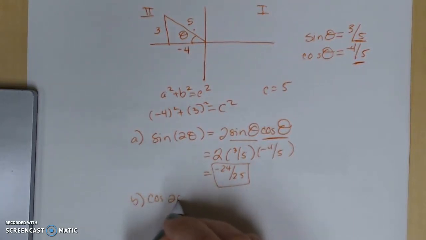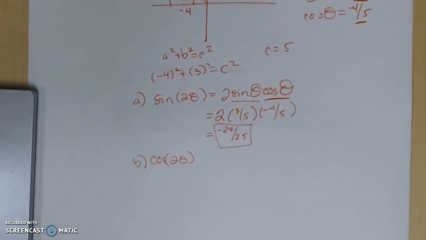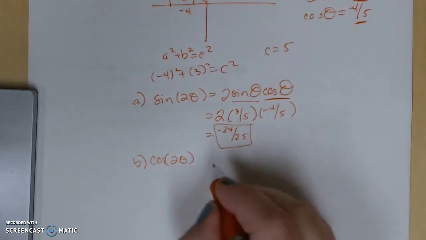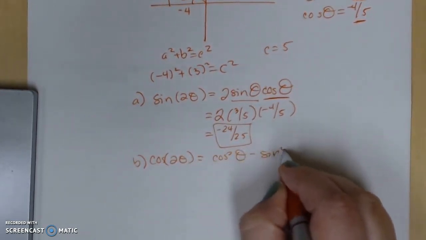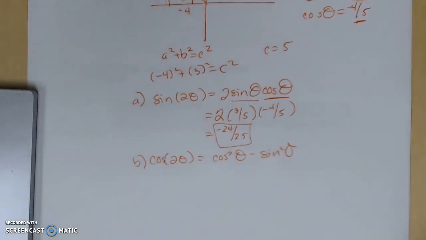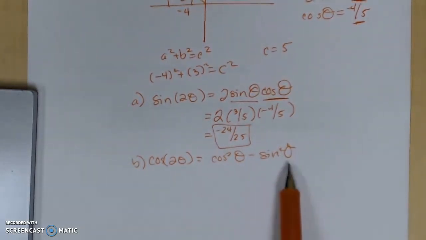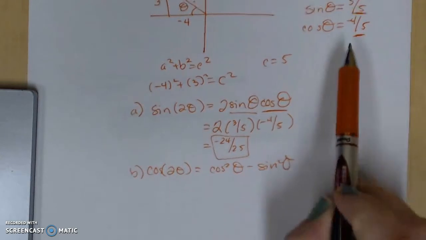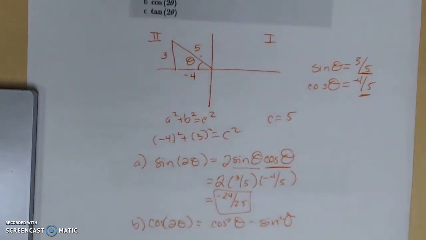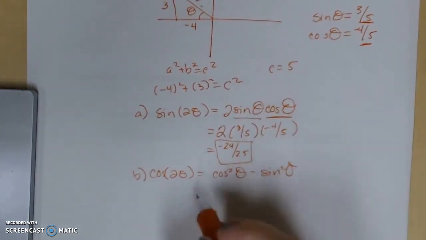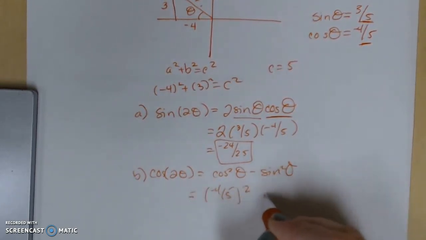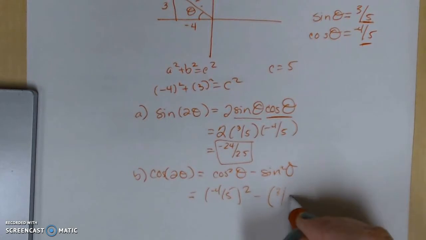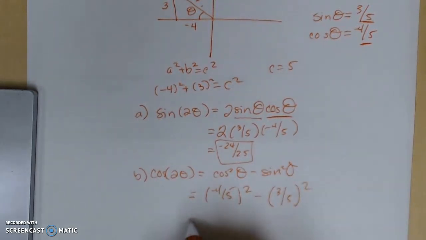Let's look at cosine of 2 theta because its formula is a little bit different. So cosine of 2 theta is equal to cosine squared theta minus sine squared theta. Remember, we had 3 options on that one, and I'm going to use this one because I know about cosine and sine from the building blocks that we got up here. So I'm going to take my cosine, which is -4 over 5, and square it, minus my sine, which is 3 over 5, and square it.